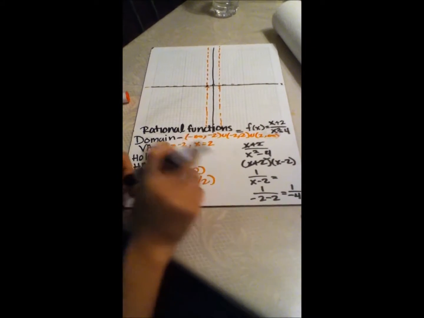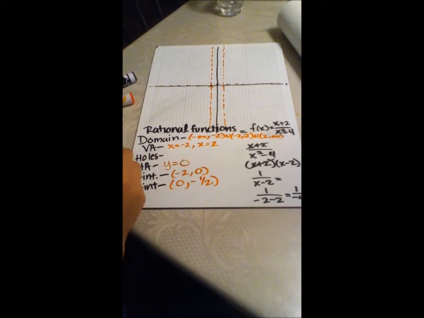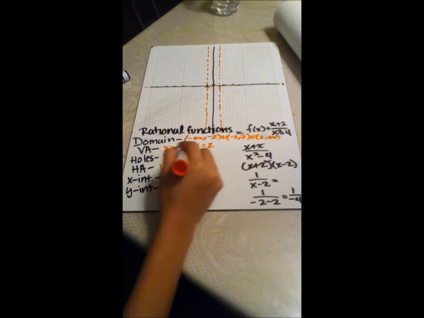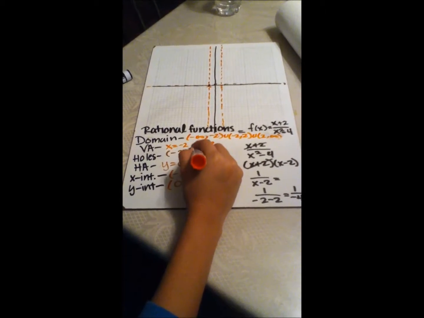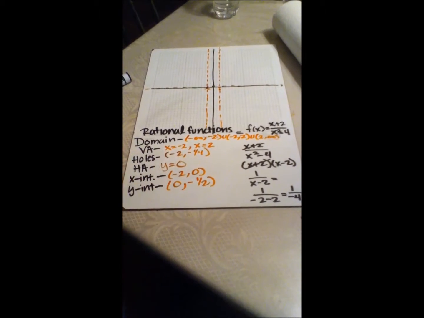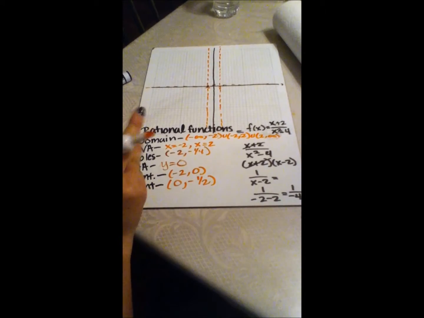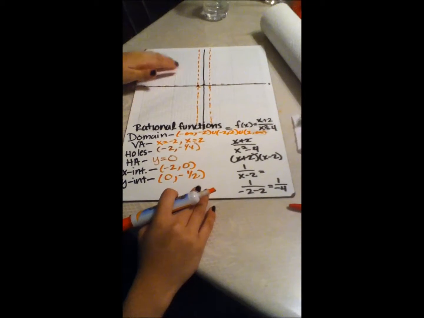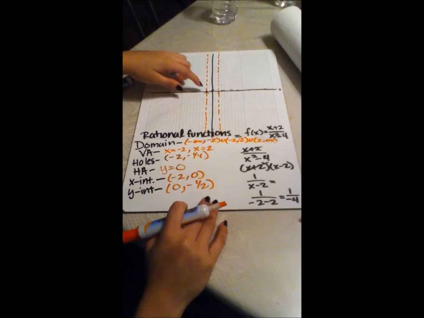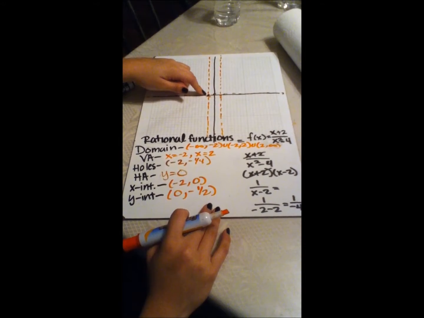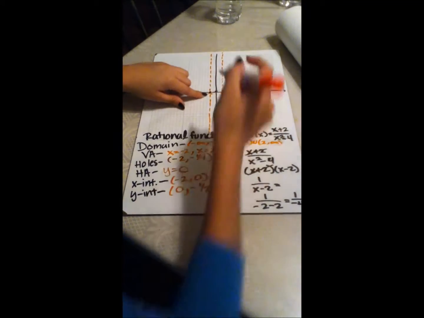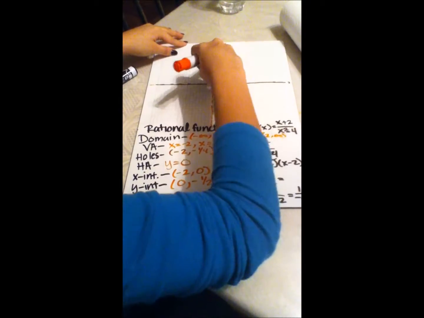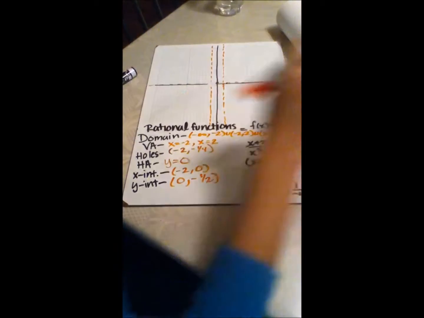And that means our hole will be at negative 2 and negative 1/4. So at this point you have to plot negative 2 and negative 1/4, which will be right here.